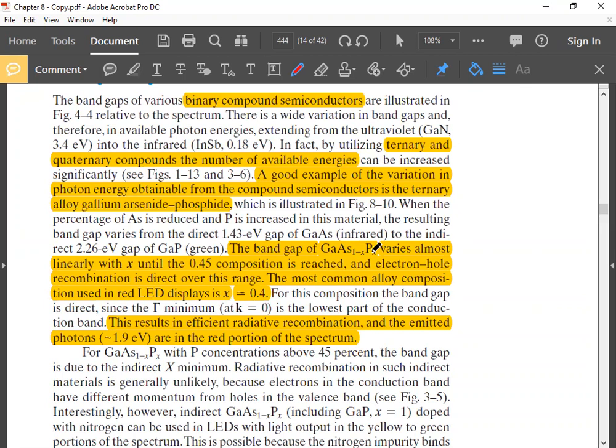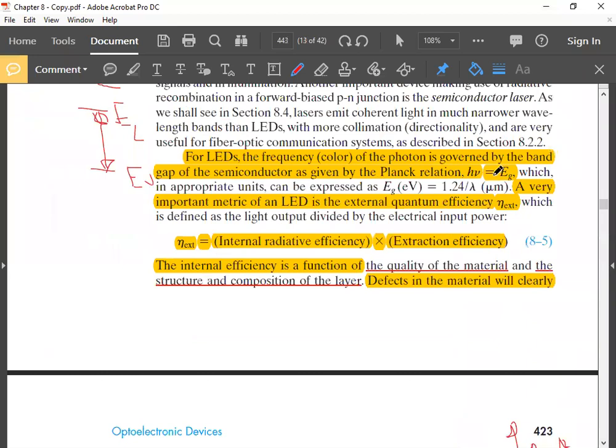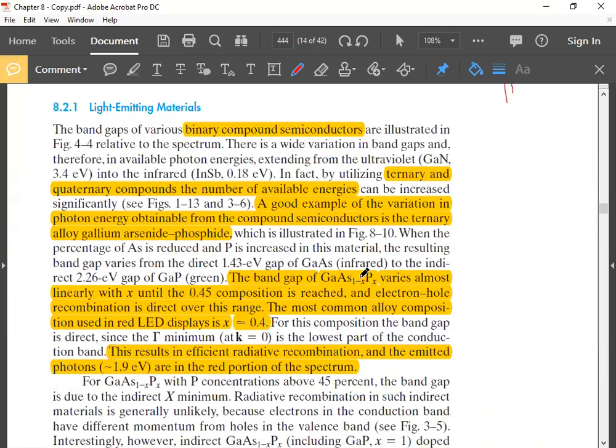If you vary the percentage of arsenic and phosphorus, the amount of band gap varies, and also the type of band gap, indirect or direct, varies. If the band gap Eg varies, the frequency nu can also vary. So depending on your need, you can choose a suitable percentage of arsenic and phosphorus to fix the band gap so that you can get a fixed frequency light.